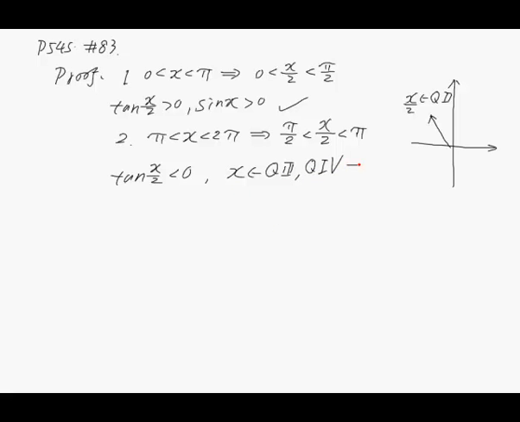And this just implies the sine x is negative. So now we know for x between pi and 2 pi, both the tangent half x and the sine x are negative, right? So tangent half x is less than 0 and the sine x is also less than 0. Okay, so we verify this case.